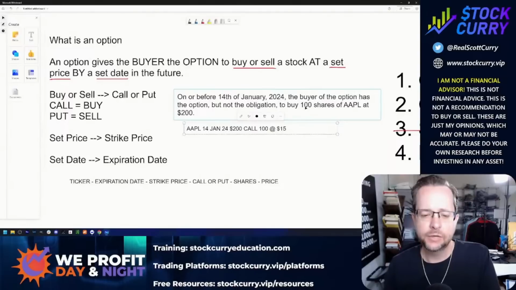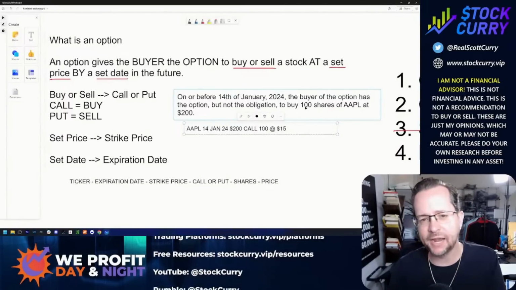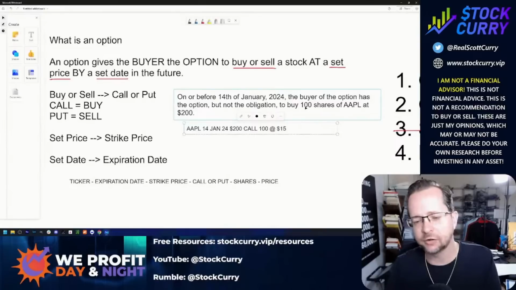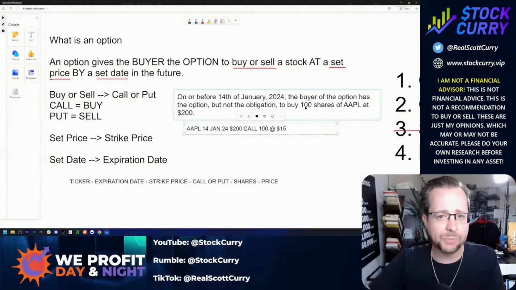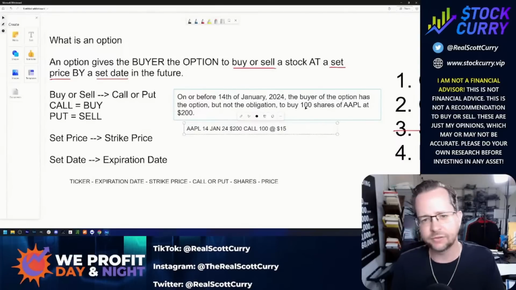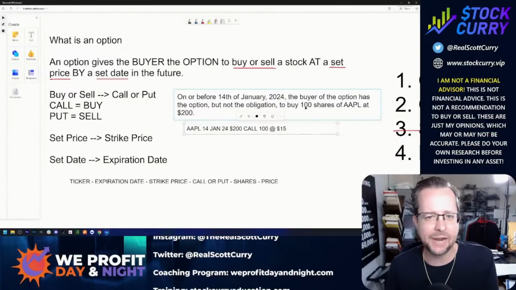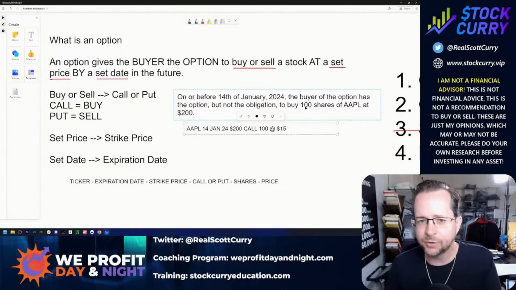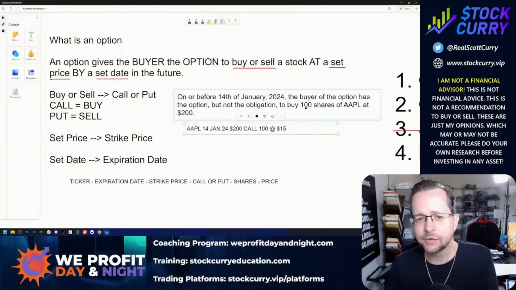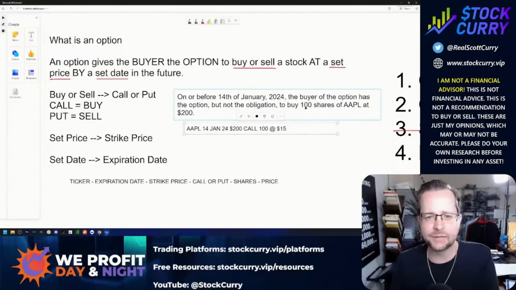No. Here's why. Why would I exercise the right to buy Apple at $200 per share if I can go on the open market and buy Apple at $190 a share? Doesn't make any sense. So I'm not going to exercise my option to buy the shares. If Apple is at $190, I'm just going to go ahead and let this option expire worthless. I'm not going to exercise it.